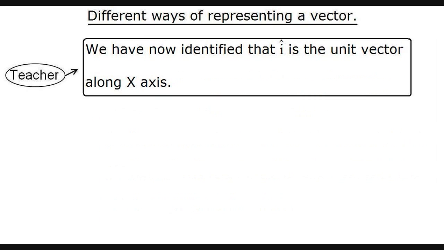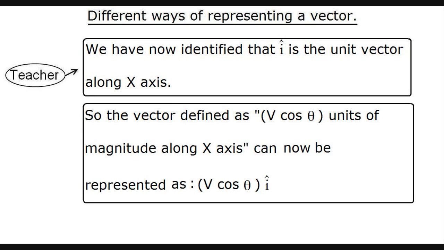We have now identified that i hat is the unit vector along x-axis. So the vector defined as v cos theta, units of magnitude along x-axis, can now be represented as v cos theta times i hat.